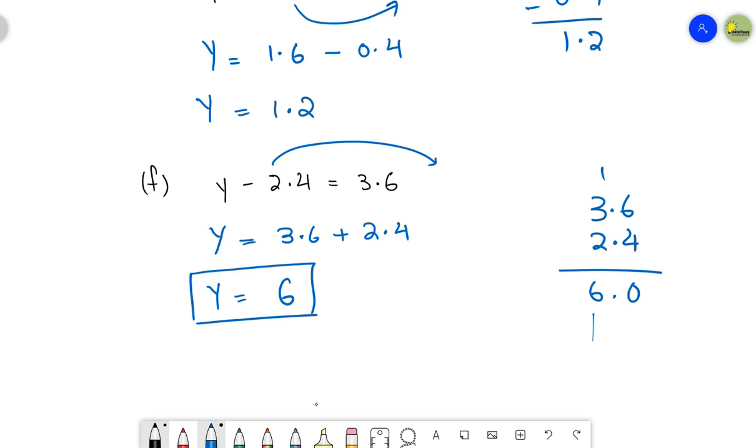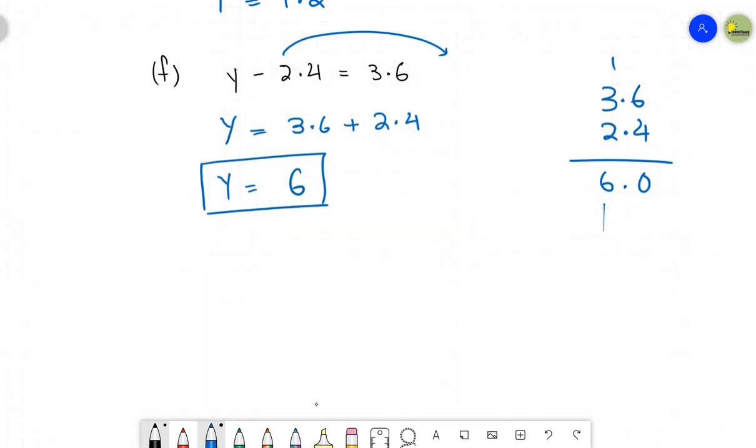Okay. Now the last part, part G. In part G, I have minus 2.7 plus A equals minus 6.4. Wherever your number is, it doesn't matter, either before the variable or after the variable.